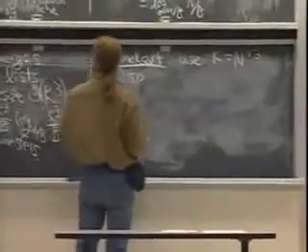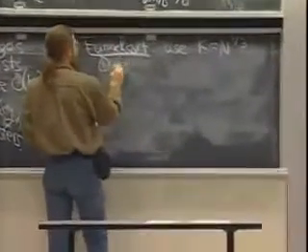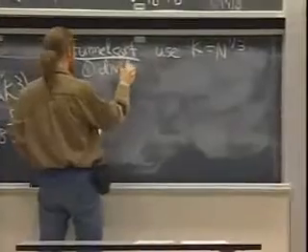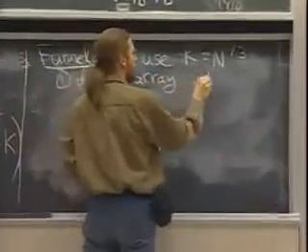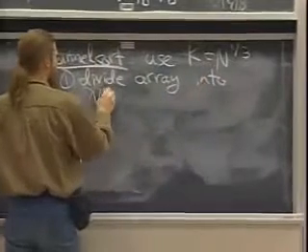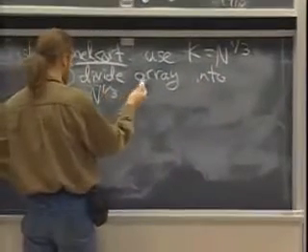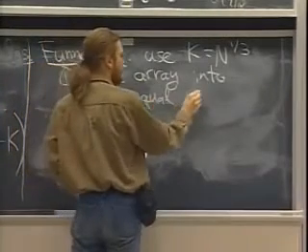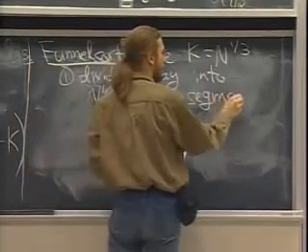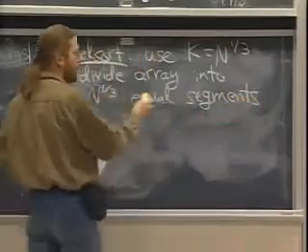We're going to divide our array into n to the 1/3 consecutive subarrays, which I'll call segments of the array. For cache oblivious algorithms, it's really crucial how these things are laid out.